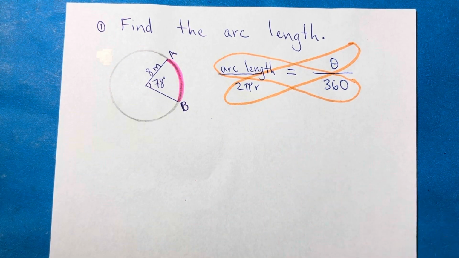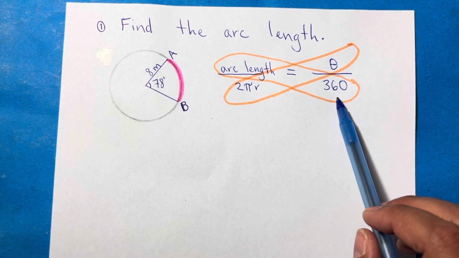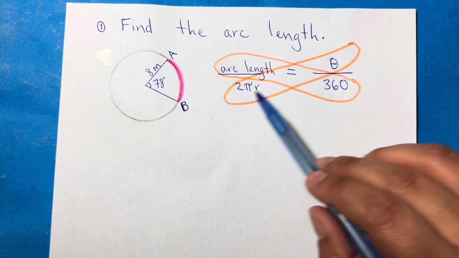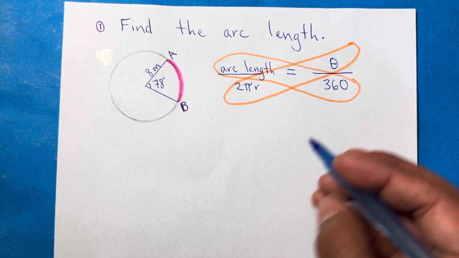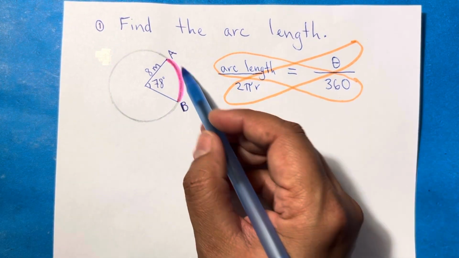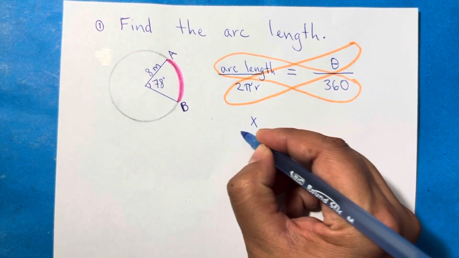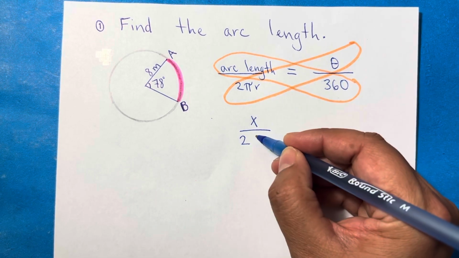This forms a proportion, so we're going to multiply whatever is in one wing equal to the multiplication of whatever is in the other wing of the butterfly. So arc length, do we have the arc length? No, we don't. So we're just going to represent it with x. 2 pi r, we start substituting whatever we have. So it's 2.